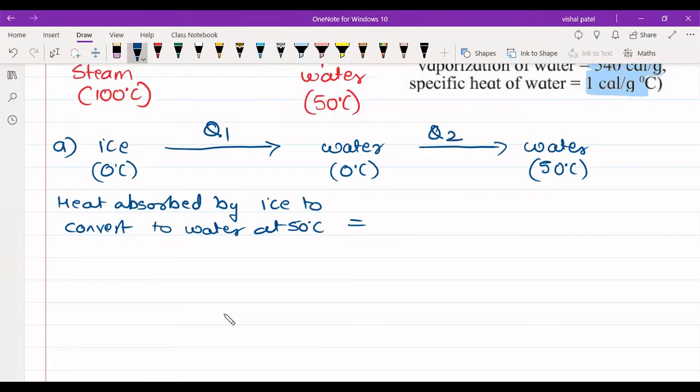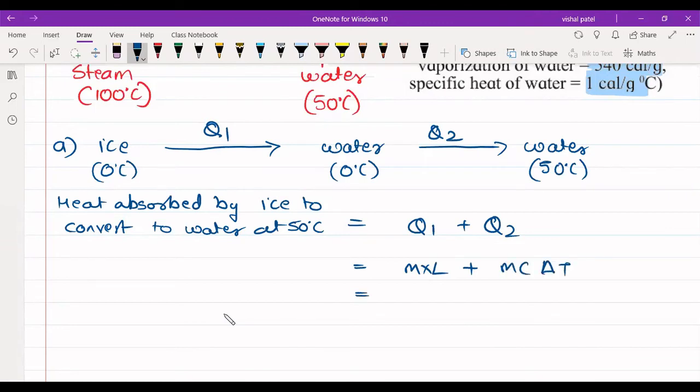Students, when you write down Q1 and Q2, you don't have to specify whether it is mL or mc delta t, because from there only we come to know what to take. So Q1 we are converting ice to water, so it is going to be m into L. Q2 is water at 0 to water at 50, so it will be mc delta t.